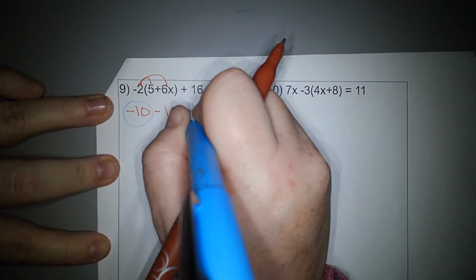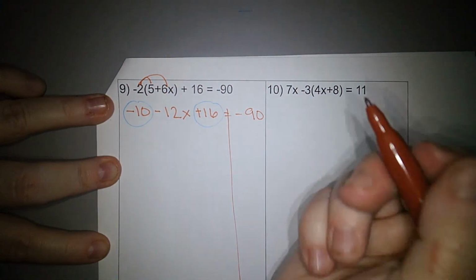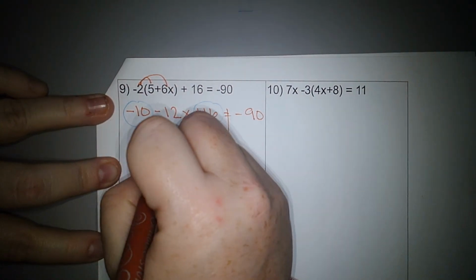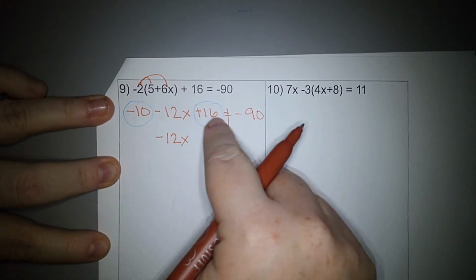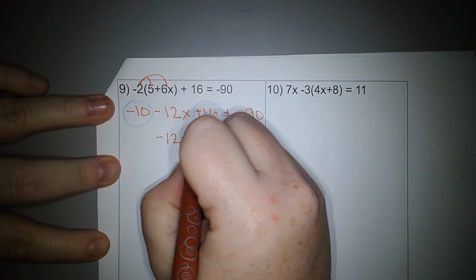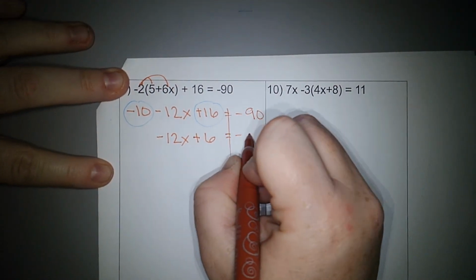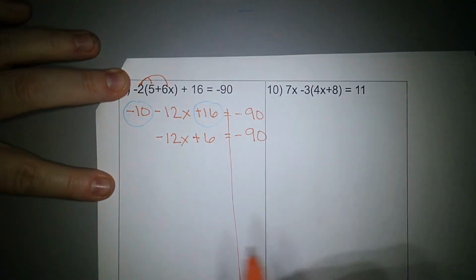We have a couple terms we can combine. We have negative 10. We have positive 16. And we have our negative 12x, which we can't combine with anything. So negative 12x, 10 and 16 combined is positive 6. And it equals negative 90.